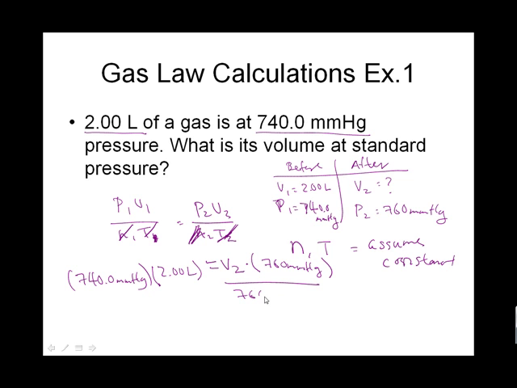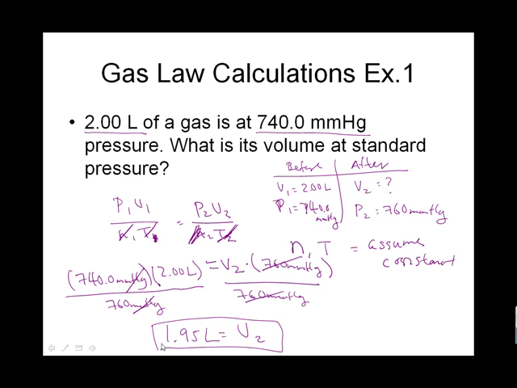I'm going to divide by 760 millimeters of Hg, and I know that the millimeters of Hg cancel out. The only unit that I have left is my V2, so my V2 must equal 1.95 liter, and that is my answer.